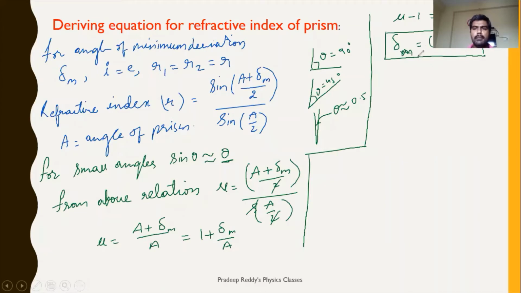Okay. So remember, the angle of deviation depends upon the angle of the prism as well as the refractive index of the prism. So delta m depends on A and the refractive index of the prism.